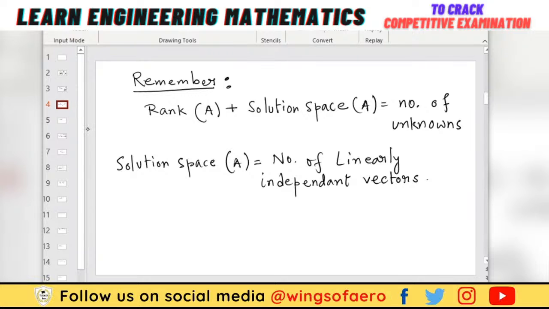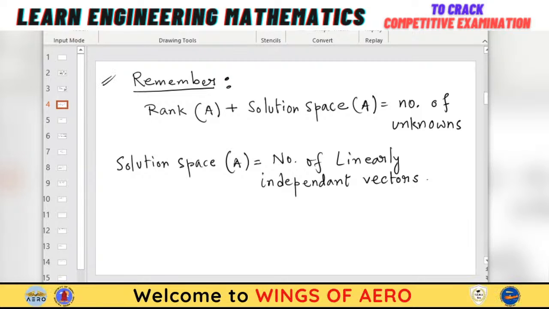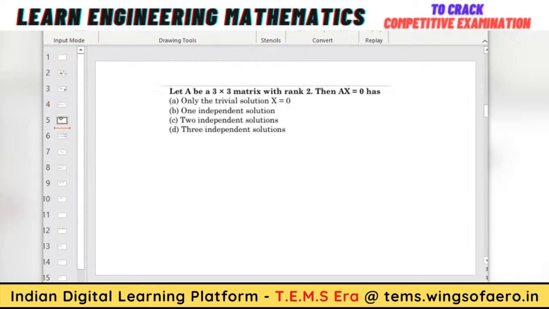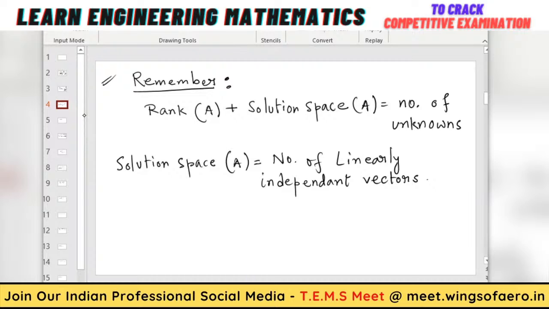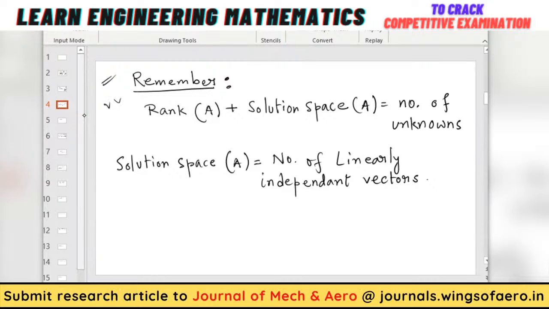Next, you need to remember this: rank of A plus. Why I am telling you to remember this is because of the next question. First of all, if you have pen and copy, then write it down. This is a very, very important theorem.